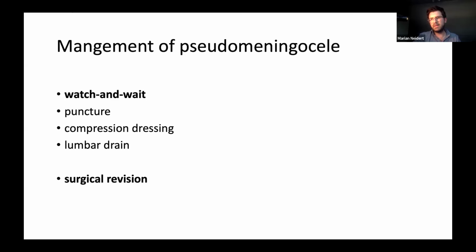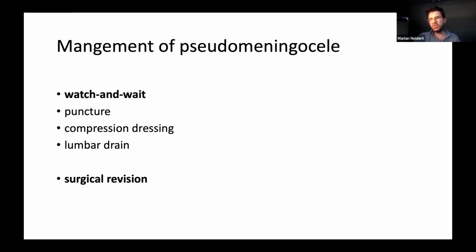I put those in bold where we think in our department that are the most helpful ones. Puncturing pseudomeningoceles and compression dressings, and also lumbar drains, especially if it occurs after a longer period of time, are often not very helpful.